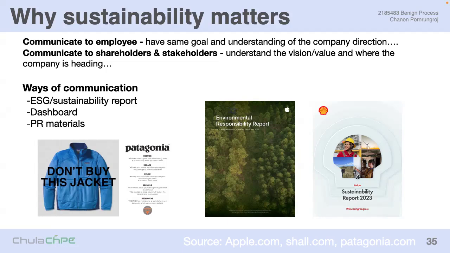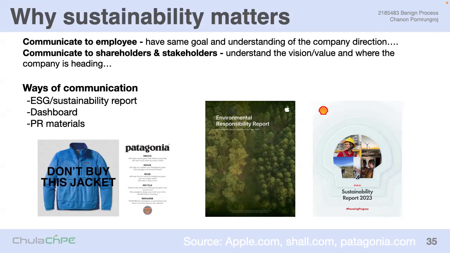And if you're interested in sustainability, you can read all these approaches in the sustainability report of most of the companies, right? You have Shell, even though Shell is a petroleum company, they do have a sustainability aspect, and they have put much effort to make their process more sustainable.